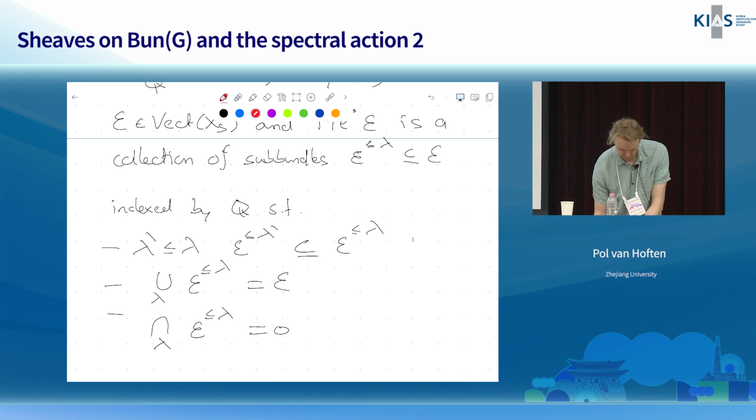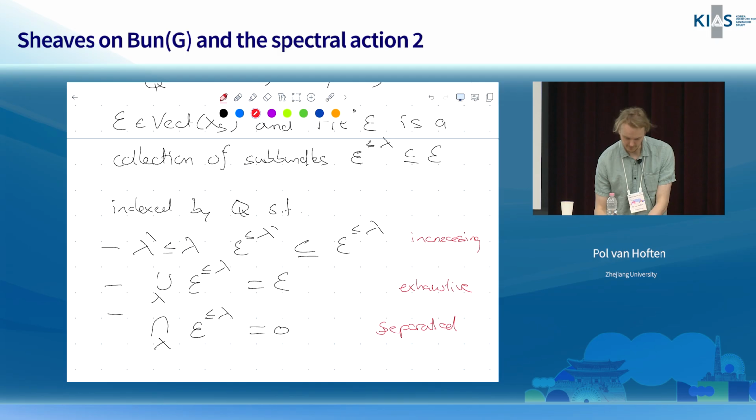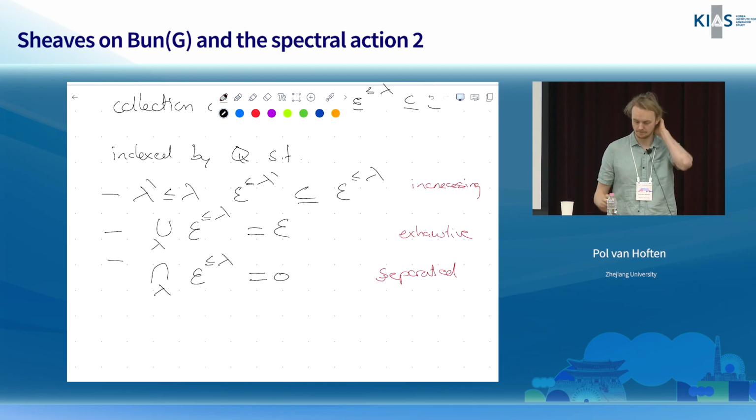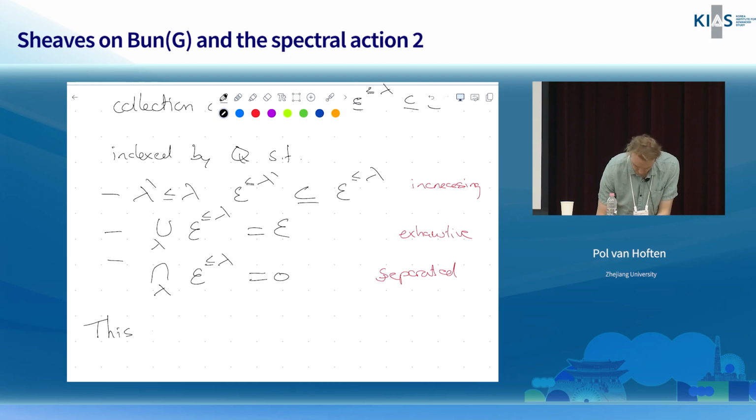So these are increasing, exhaustive, and separated. Okay, and you can turn this into an exact tensor category.